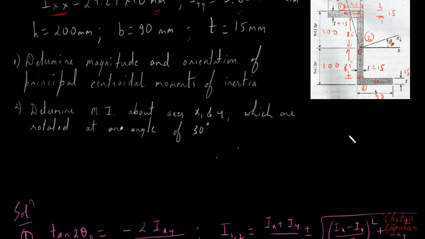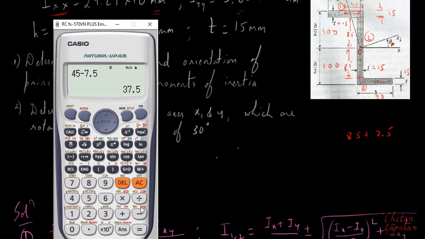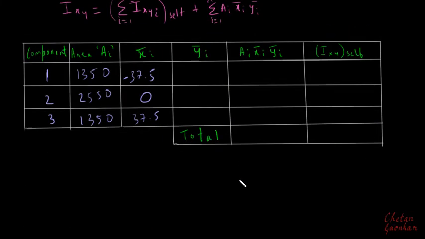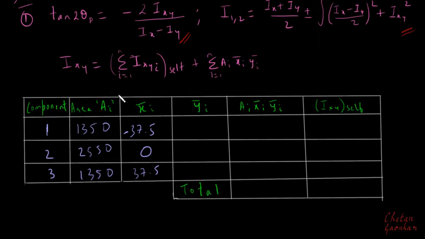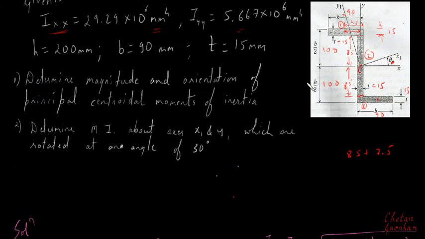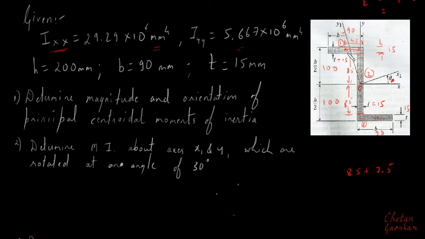So 85 plus 7.5 is equal to 92.5. That value is positive, because it is in the second quadrant. In the second quadrant only the x coordinate is negative, so this should be a positive value.